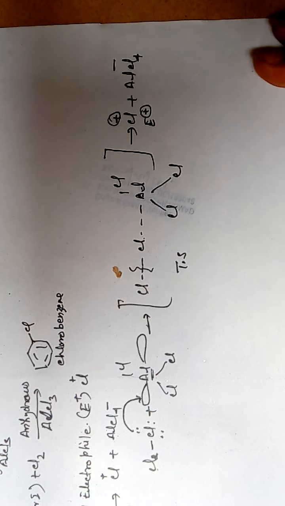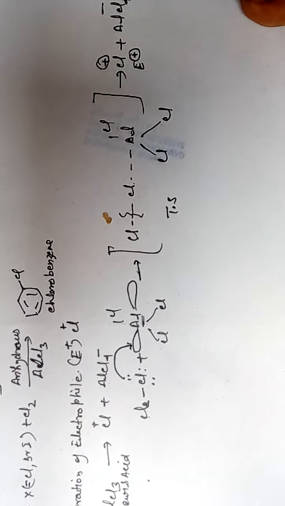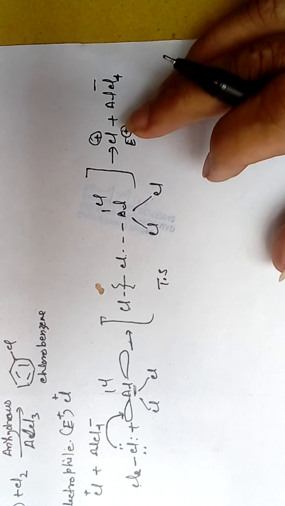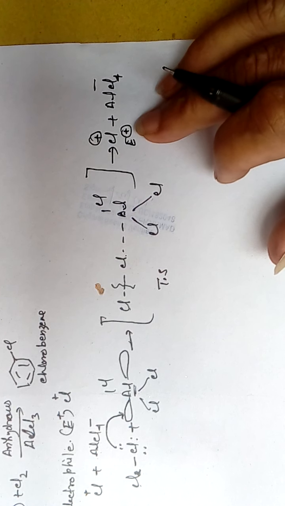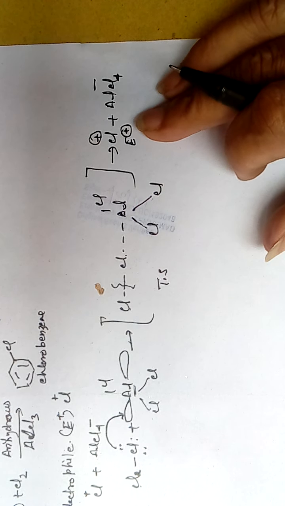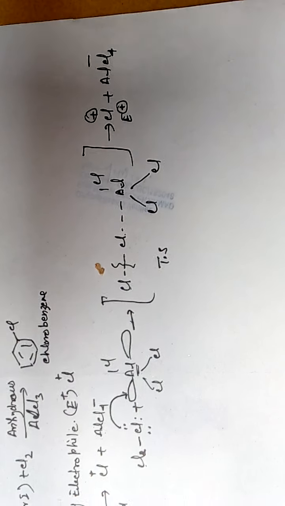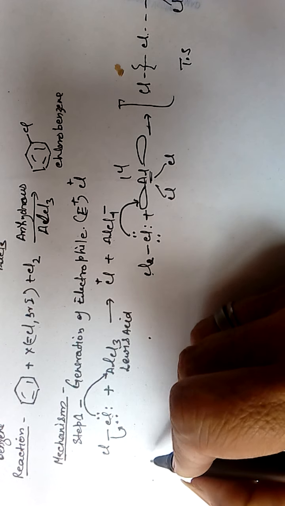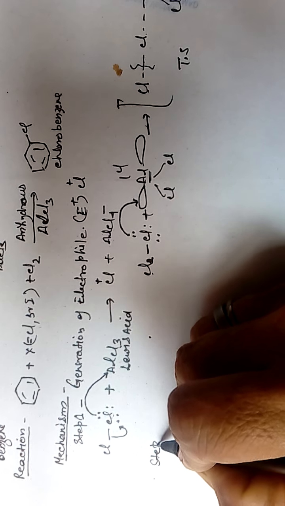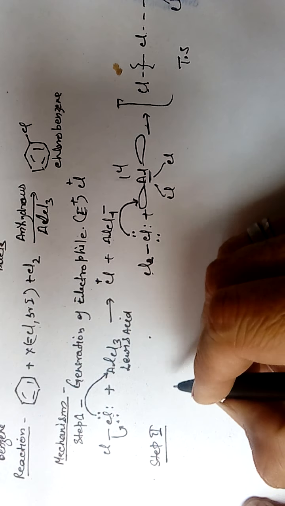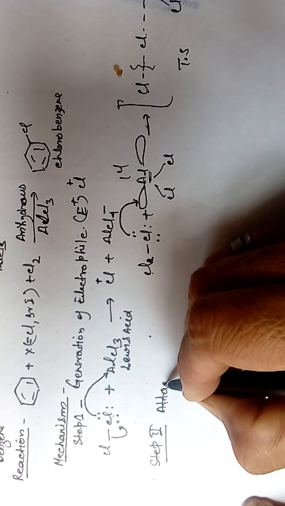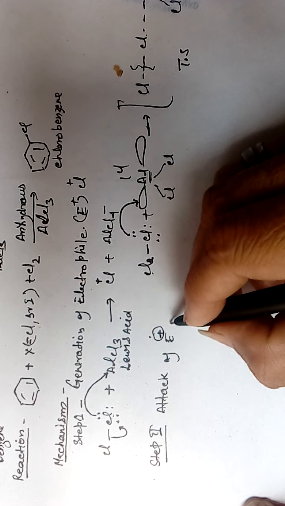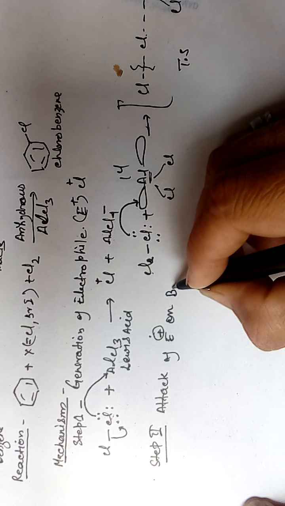Now when this electrophile is formed, it attacks the benzene ring and its derivatives. Here we take benzene. Now the second step is attack of the electrophile on the benzene ring.